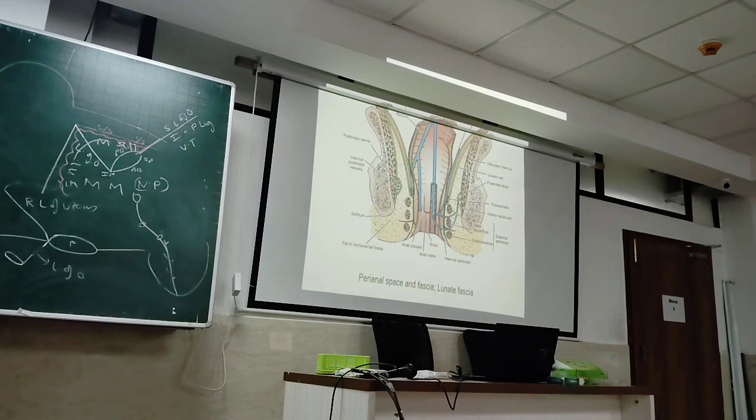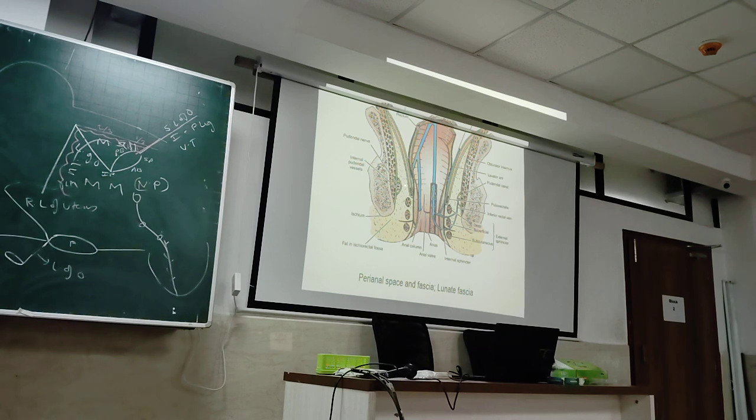You can see the boundaries of the ischioanal fossa. Medially is the external sphincter, and laterally is the ischial tuberosity, but medial to the ischial tuberosity is the obturator internus muscle.